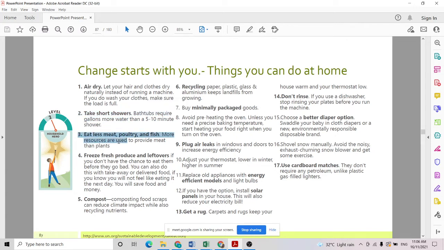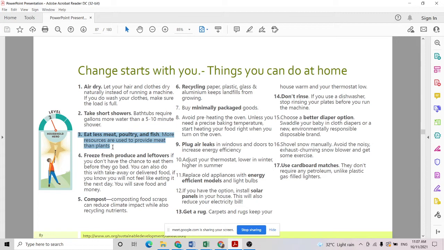And then eat less meat, poultry and fish. You can eat the meat and also the fish, but ensure it's from a farm, which means well organized farming, not from the forest and so on.